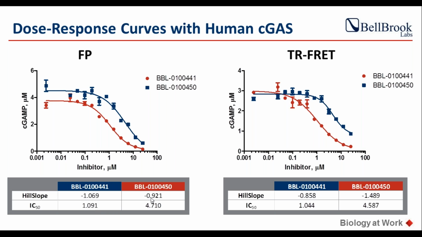It's showing negative because it's a negative kind of assay, which is why the Hill slope has a negative number. But if you look at the IC50, we get about 1 micromolar with both FP and TR-FRET for one compound, and around 4.6 micromolar for the other. Both these assays perform very similarly.